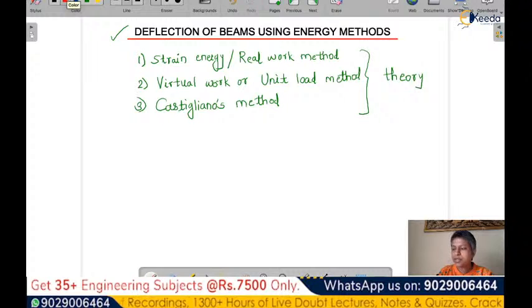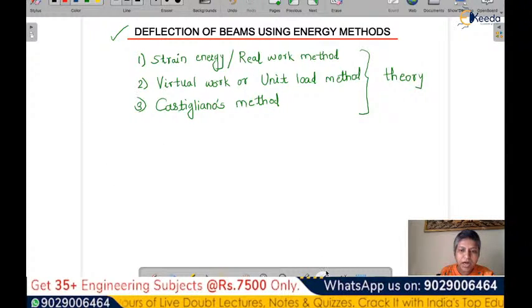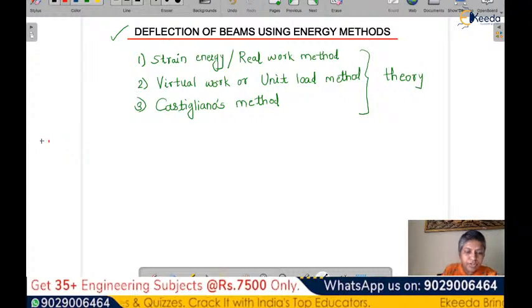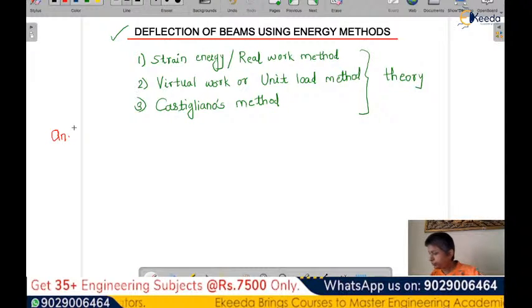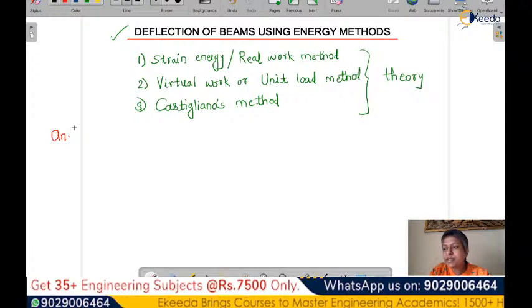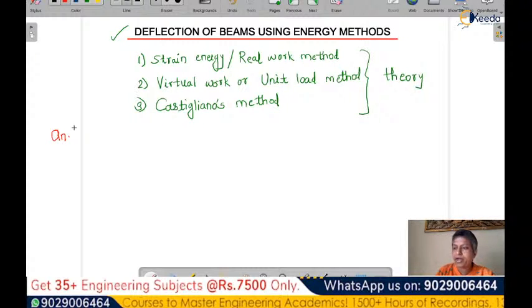So let's consider one beam, a simple example we will start with. Let's consider a cantilever beam. Our question says, using the strain energy method, we have to determine the deflection of the free end of a cantilever.